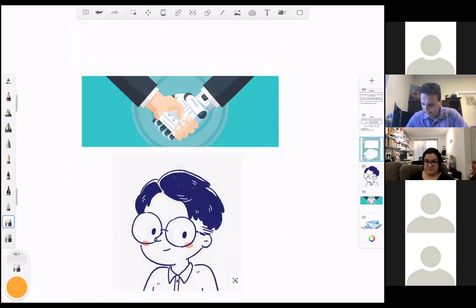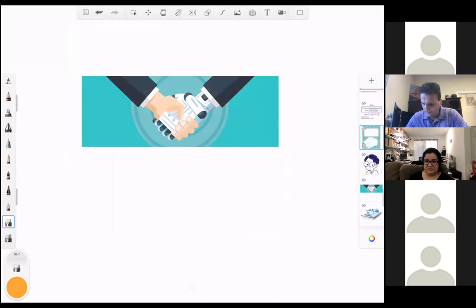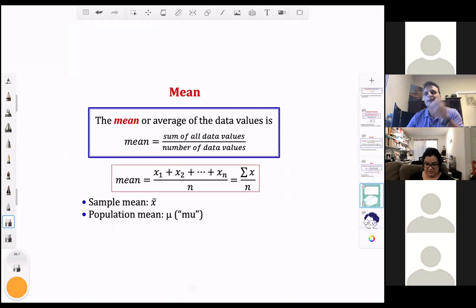So I'm going to review now. Let's get rid of this AI. We learned about the mean. Anytime you see data, you should ask, what is the average of this? What's the mean of that sample data? Your job is to know the difference between X bar and mu.